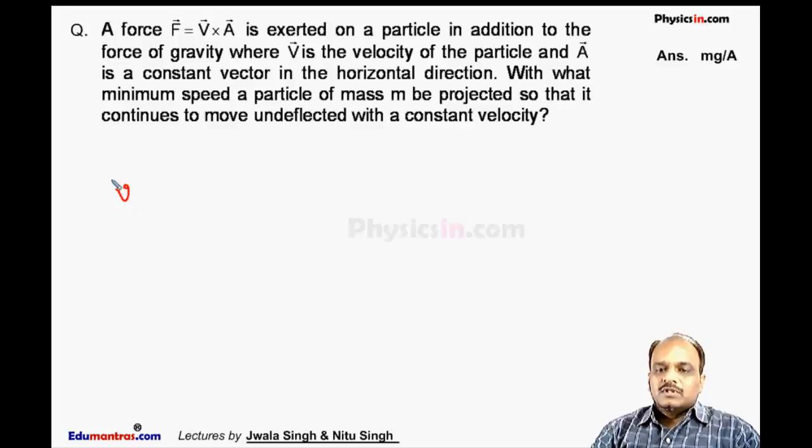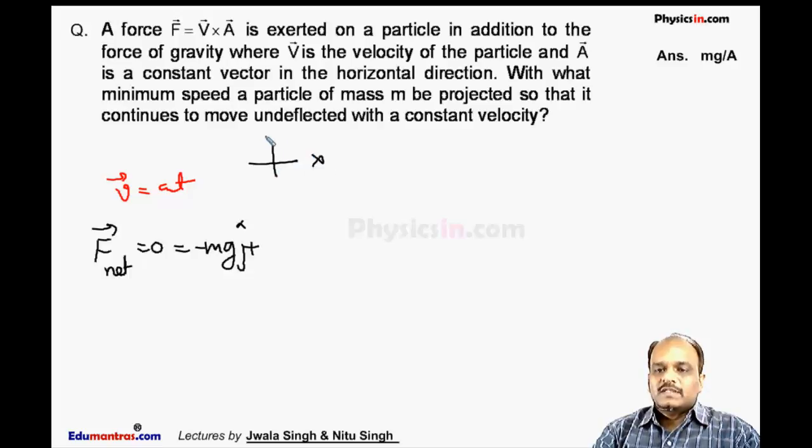Since velocity here is constant, it means net force is equal to 0. So we can say force net is mg minus j cap. Let this be our x axis and y axis.